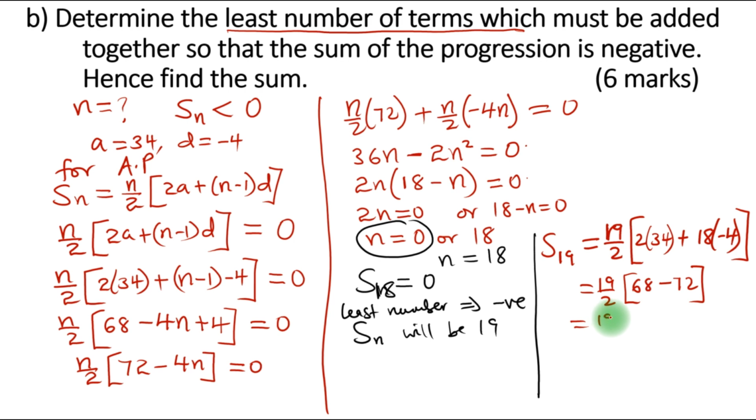So this will be 19 over 2 times 68 minus 72, that is minus 4. Therefore, 19 times minus 4 divided by 2, we end up getting minus 38. So the least number of terms is 19 and the sum is minus 38.